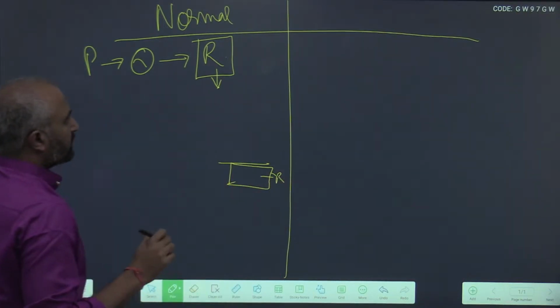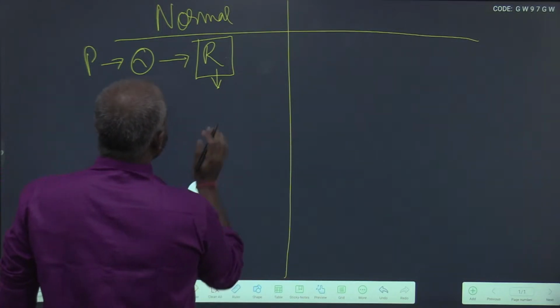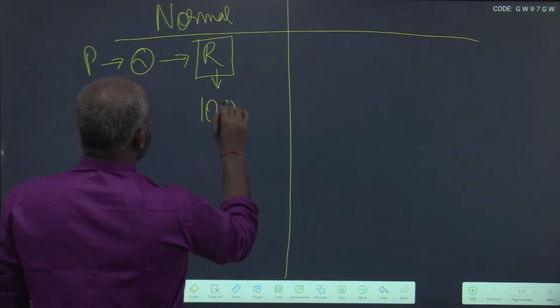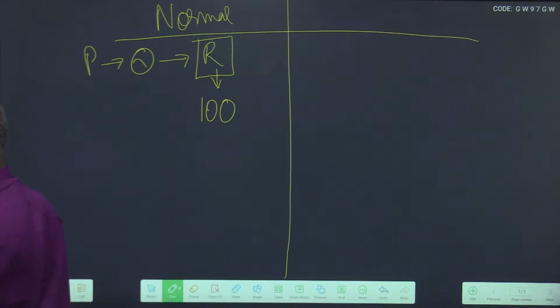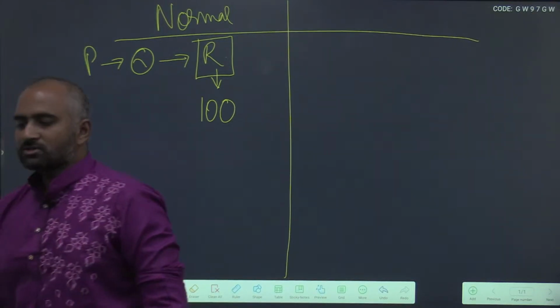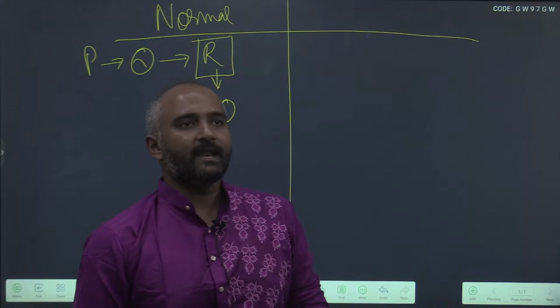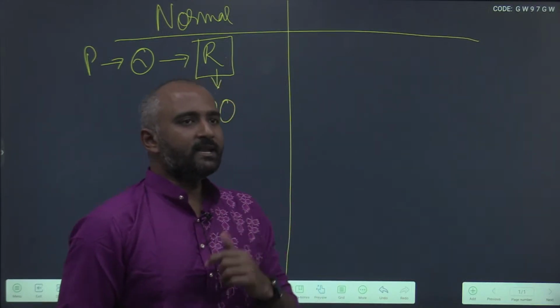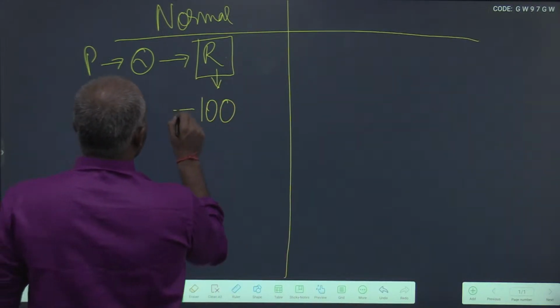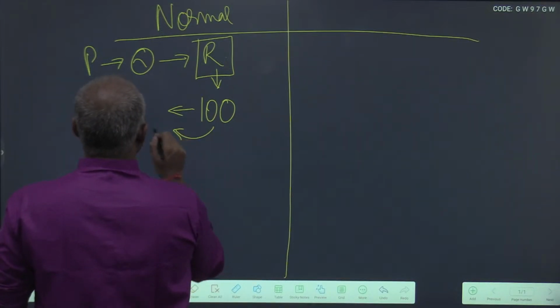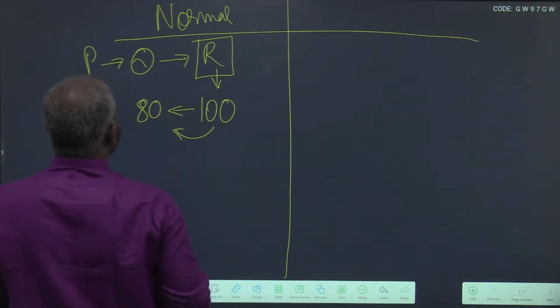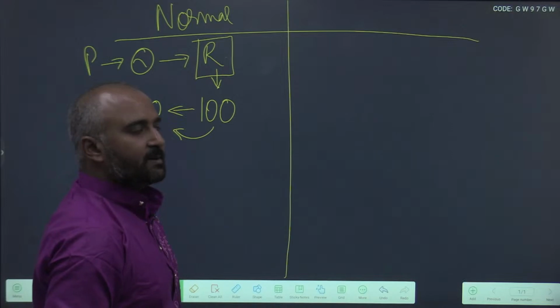So assuming R to be 100, Q's salary is 20% lower than R. For 100, 20% lower means 80.